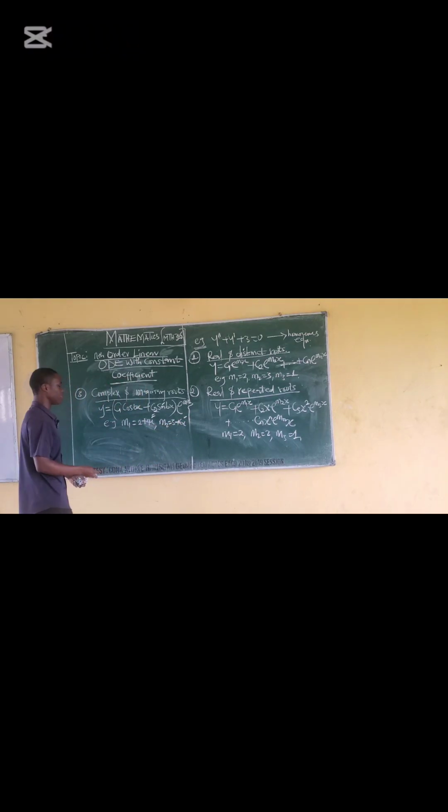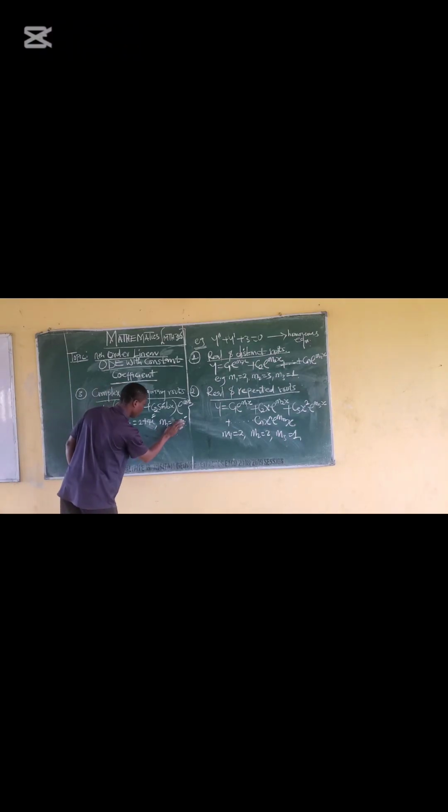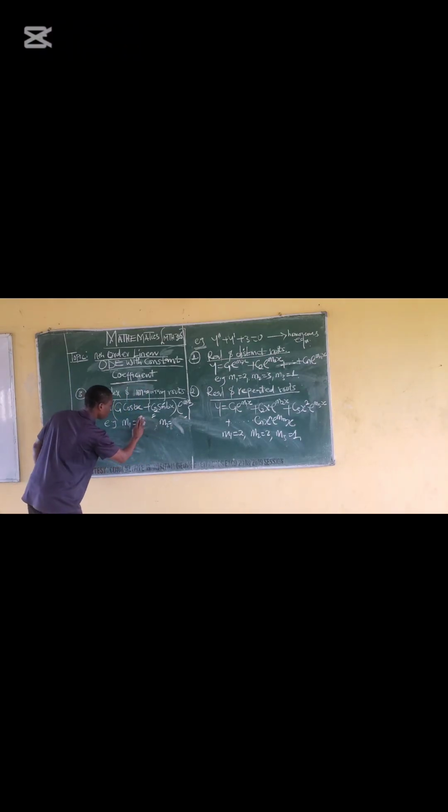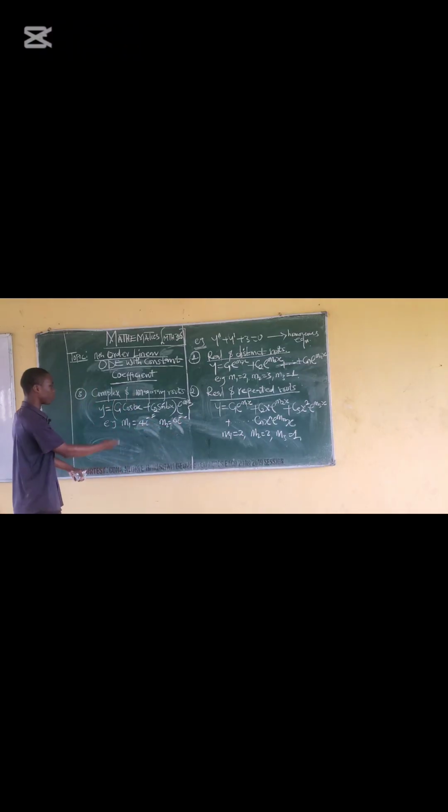So this is a typical example of what I mean by imaginary roots, because it is having i. What if the roots are reoccurring? Let me just change the real parts to 0. Let me just put 4i and then 6i. What if 4i and 6i are reoccurring?